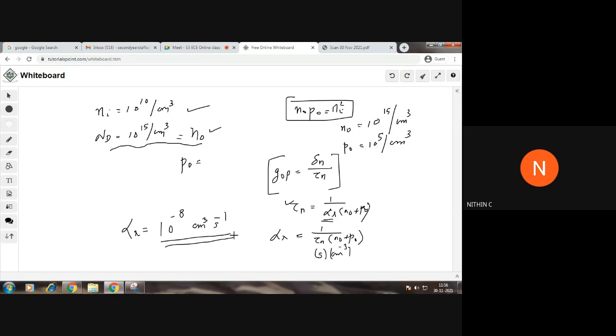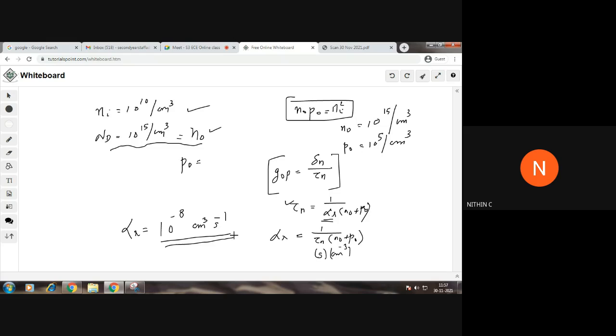So this is actually a typical question. ഈ ഒരു question പറഞ്ഞ ഈ ഒരു ടൈപ്പ് മാത്രമേ ചോദിക്കാൻ പറ്റൂ. Either you will be given a P0 value or you will be given an N0 value. Whichever value is given, you find the other value with the help of Ni. Sometimes you will be given donor value, or sometimes acceptor value. Whatever be the type, it doesn't matter. If it is given as acceptor, you take it as P0 and find N0 by using Ni.